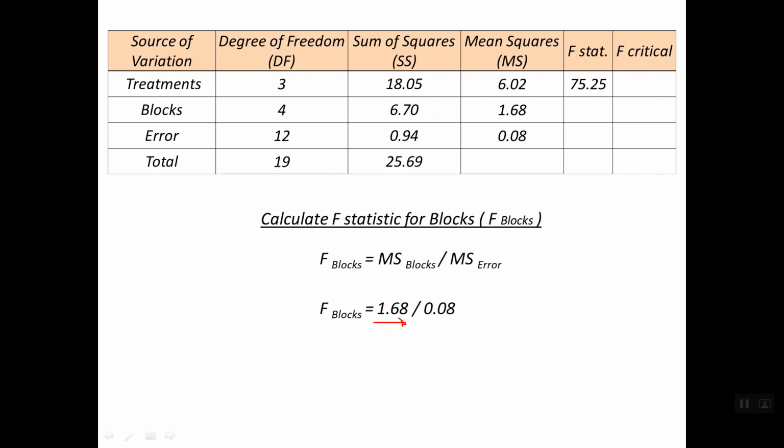This is the MS for the blocks, and this is the MS for the error, and this is the value of the calculated F for the blocks, which is equal to 21. Again, notice that the value of the F for the blocks is significantly great. So again, the chance to reject the null hypothesis will be great.